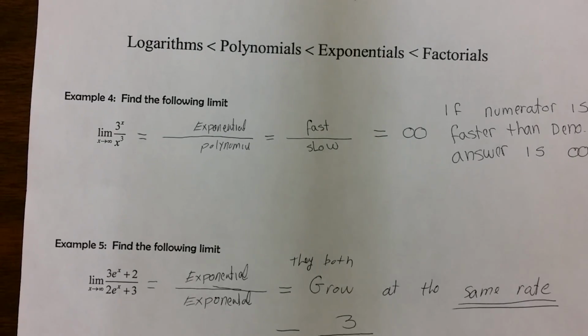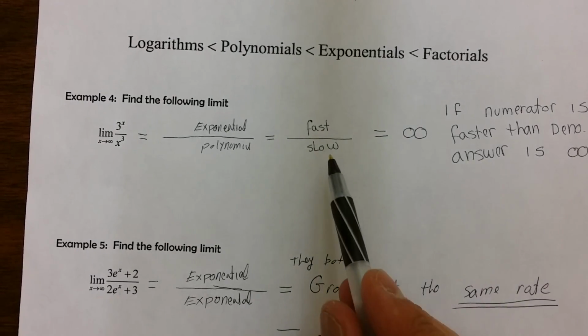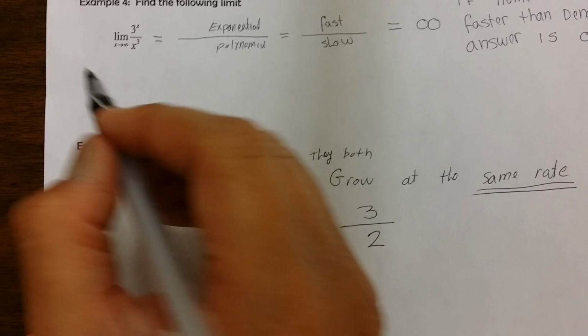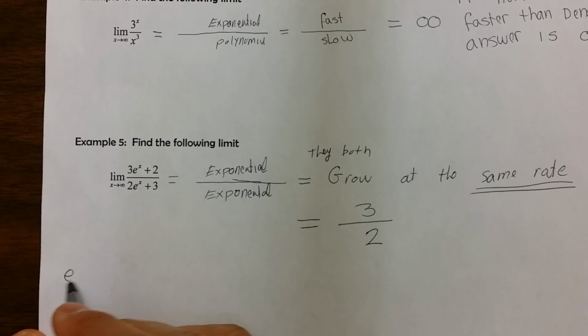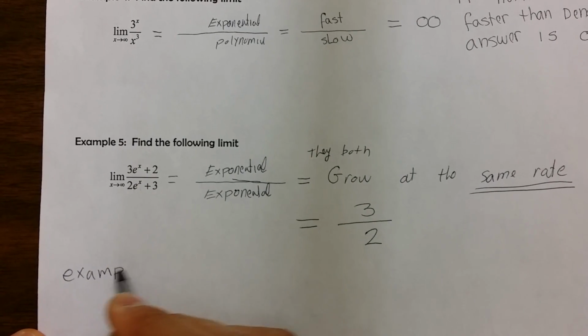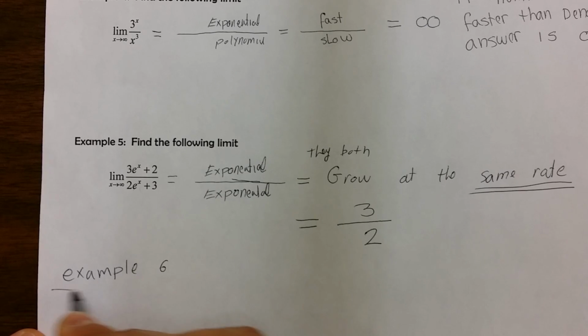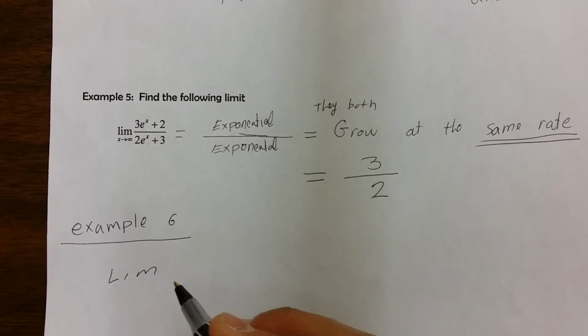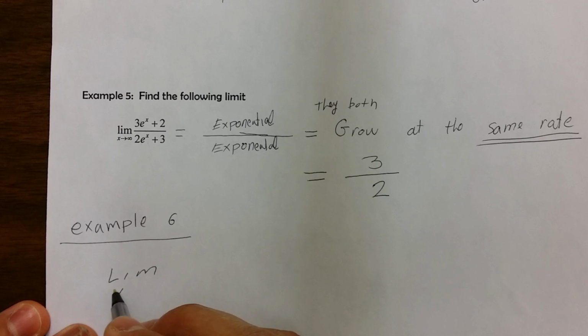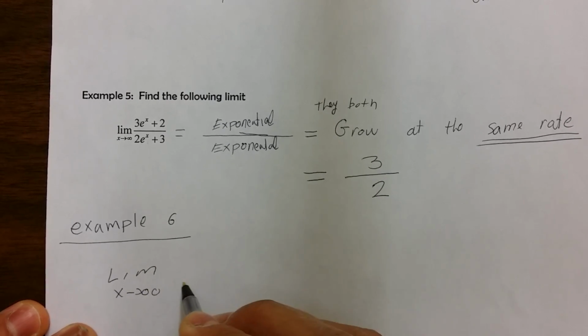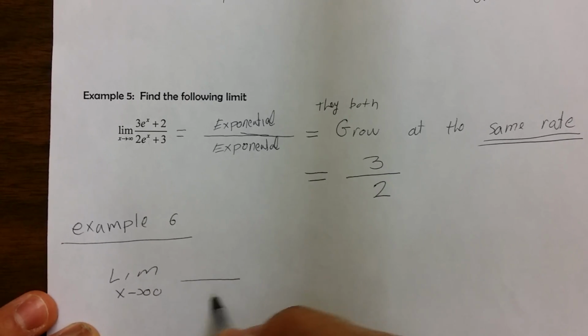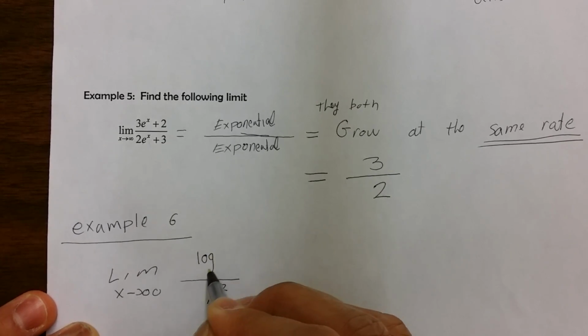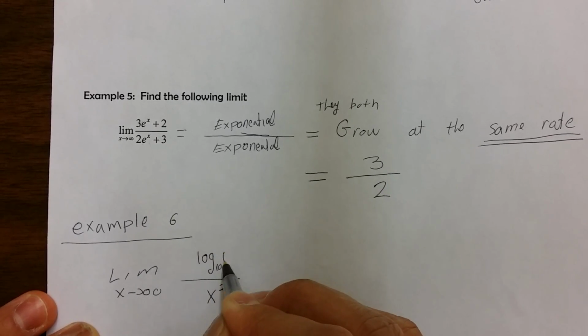Now, I didn't do a problem where the bottom is faster than the top, but let's say if we add in example 6 over here, and if we flip this problem around, like let's say if I were to give you the limit as x approaches infinity of x squared over log base 10 of x.